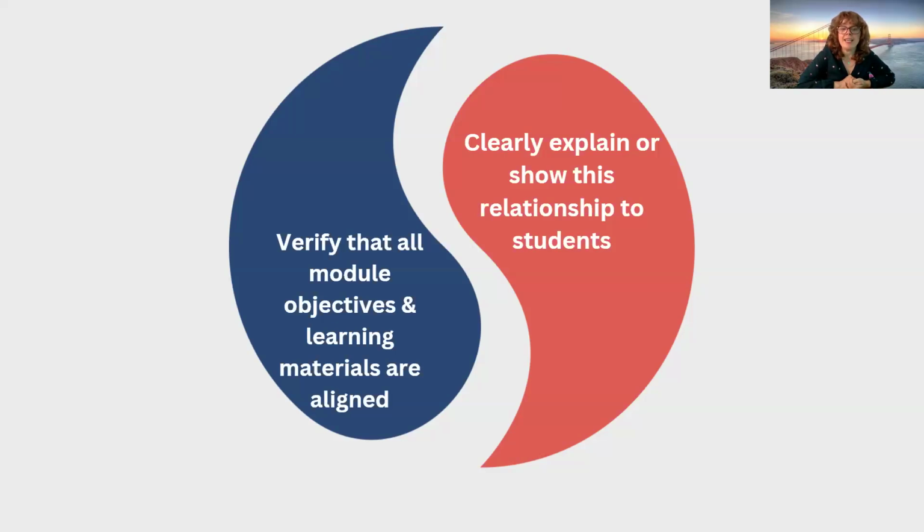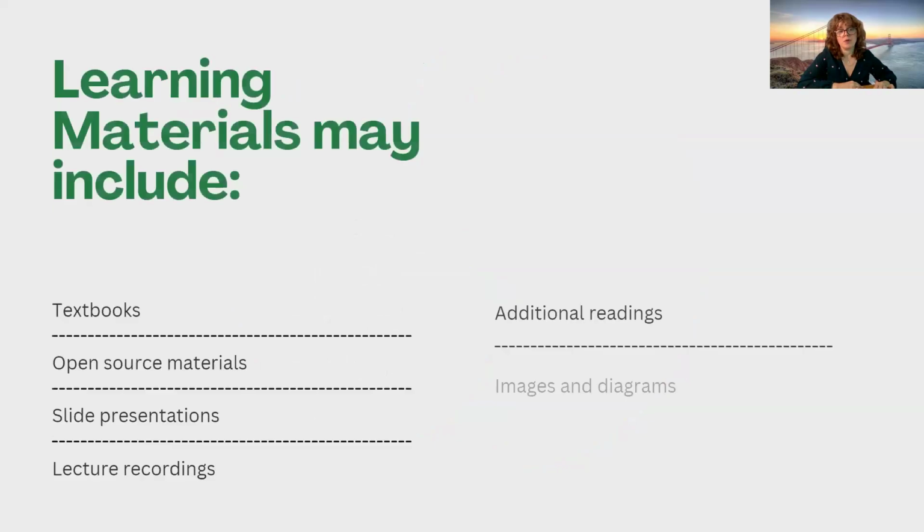And secondly, and equally important, is clearly explaining or showing this relationship to your students, making it transparent so that students can see how what they're reading and engaging in connects to your objective for that week or module. So it's essentially 2 parts to this best practice.